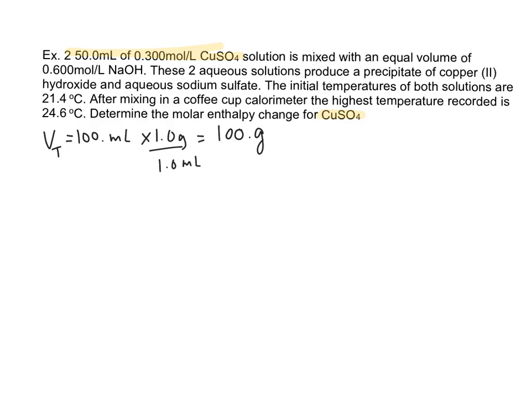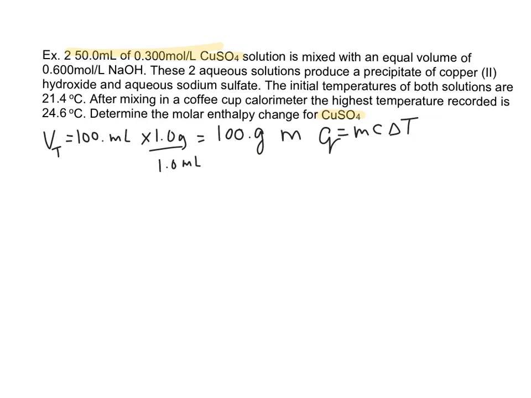So this is going to be the mass for our surroundings. We put the thermometer into the beaker, into the reaction, so we need to know the total mass of the solutions when they're mixed together.